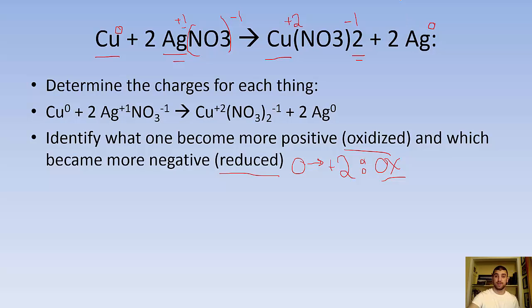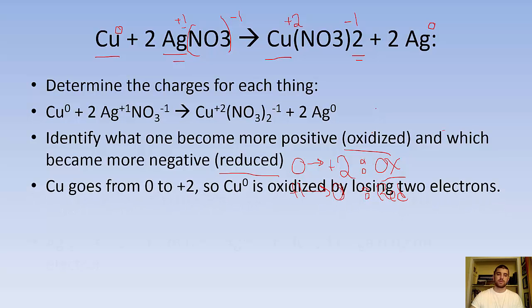So if it went from +1 to 0, then it was reduced. That is reduction.